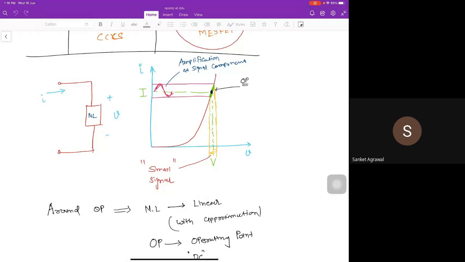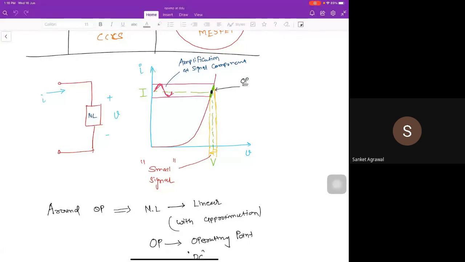Surrounding this operating point, if we apply a small signal perturbation, where the term small depends on the accuracy we want, then around the operating point we will get a linear characteristic. The non-linear characteristic is converted into a linear one, because solving non-linear equations in mathematics is very difficult, right?